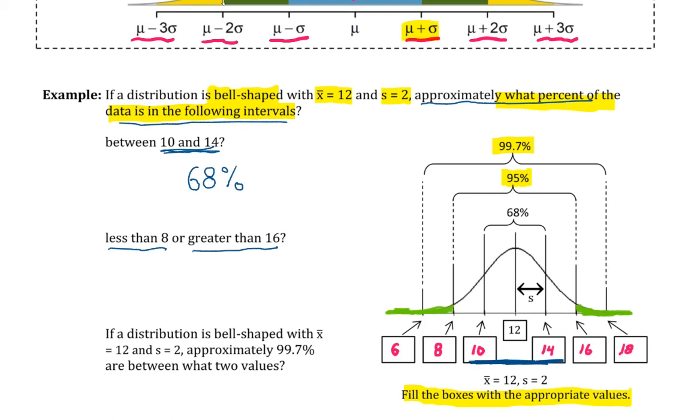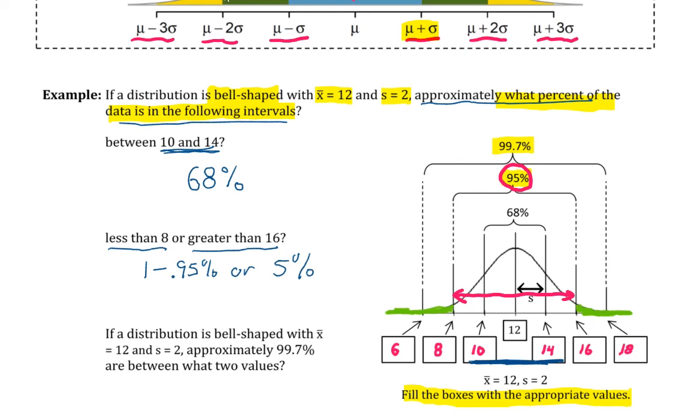Now, the way I'm going to calculate this area is to notice that we know 95% of the data falls within 2 standard deviations, which is between 8 and 16, which means the rest of the area is going to have to be 1 minus 95%, or 5% of the data.